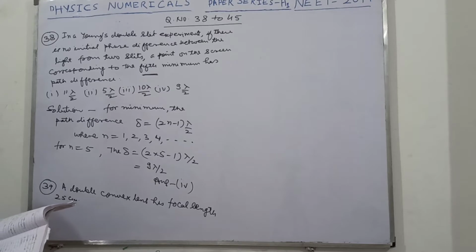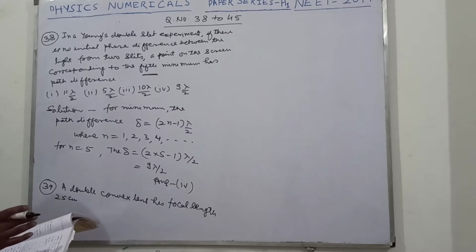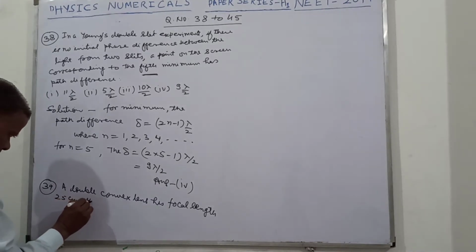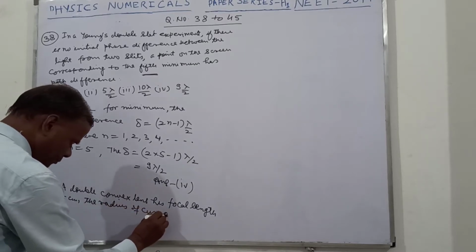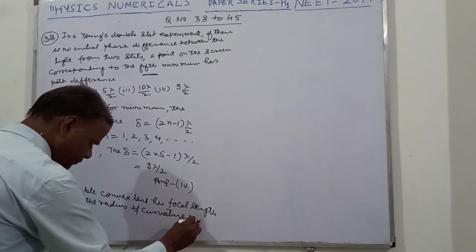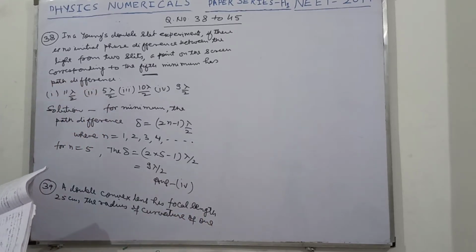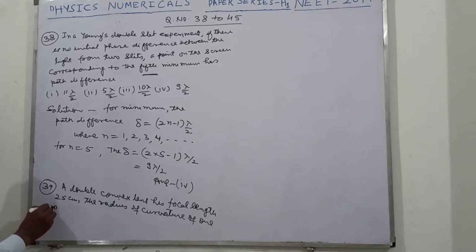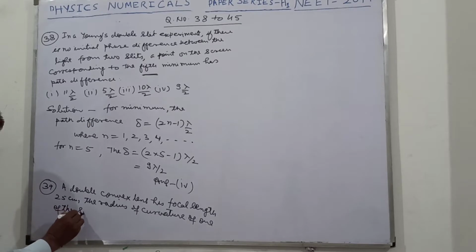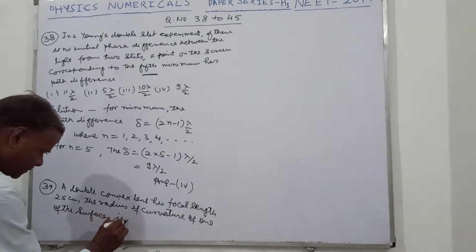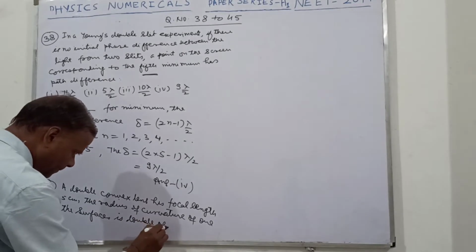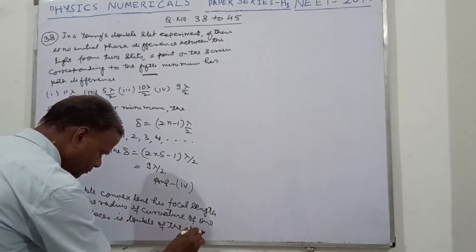The radius of curvature of one of the surfaces is double of the other.